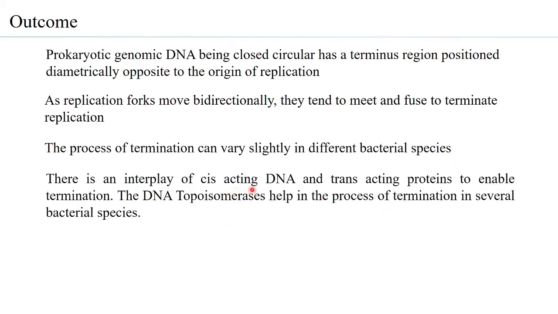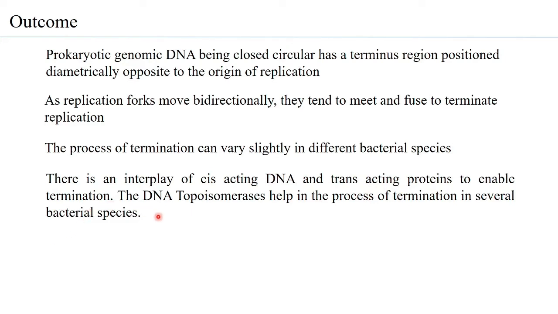Of course, there is an interplay of cis-acting DNA and trans-acting proteins, just as was observed in the initiation and the elongation phases of the DNA replication mechanism. In termination as well, both the DNA cis elements and the proteins as trans elements help to carry out termination.